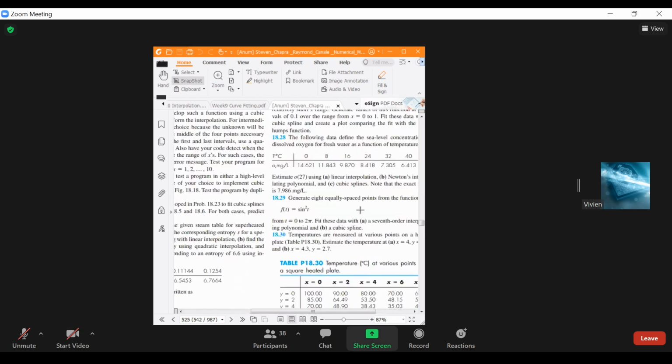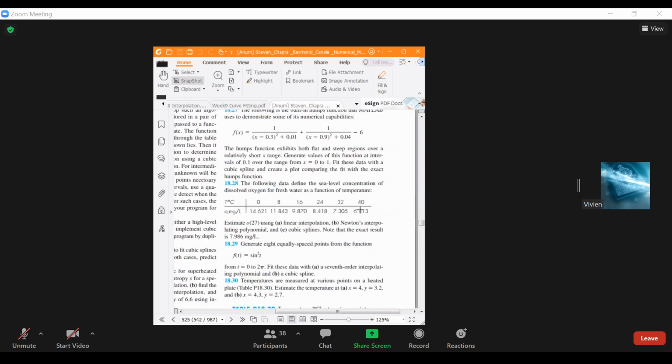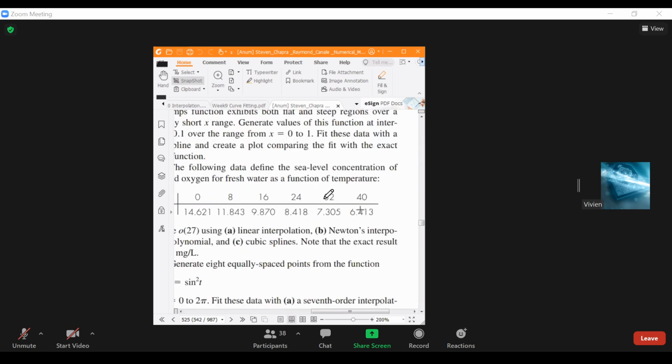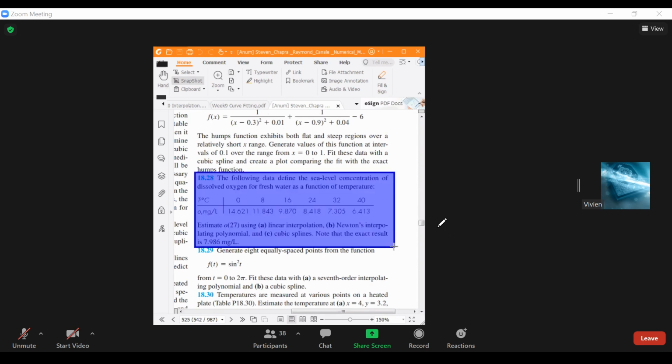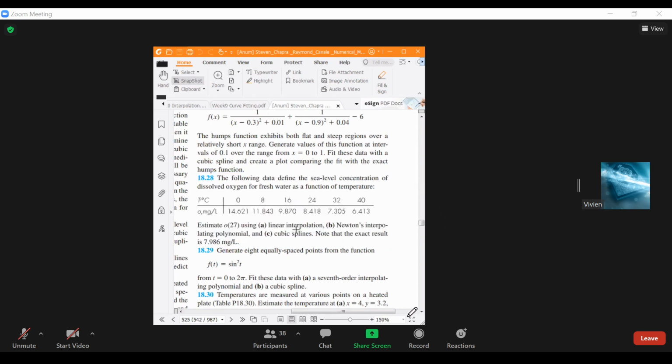So we want to estimate the value at 27 using linear interpolation, and Newton interpolation. We change the question. The first one is using Newton interpolation, and the second is using Lagrange interpolation.